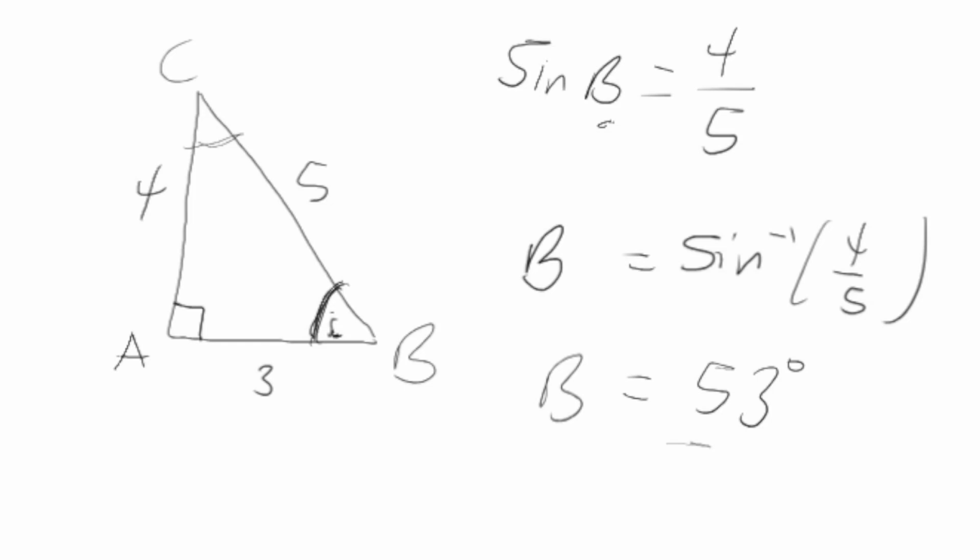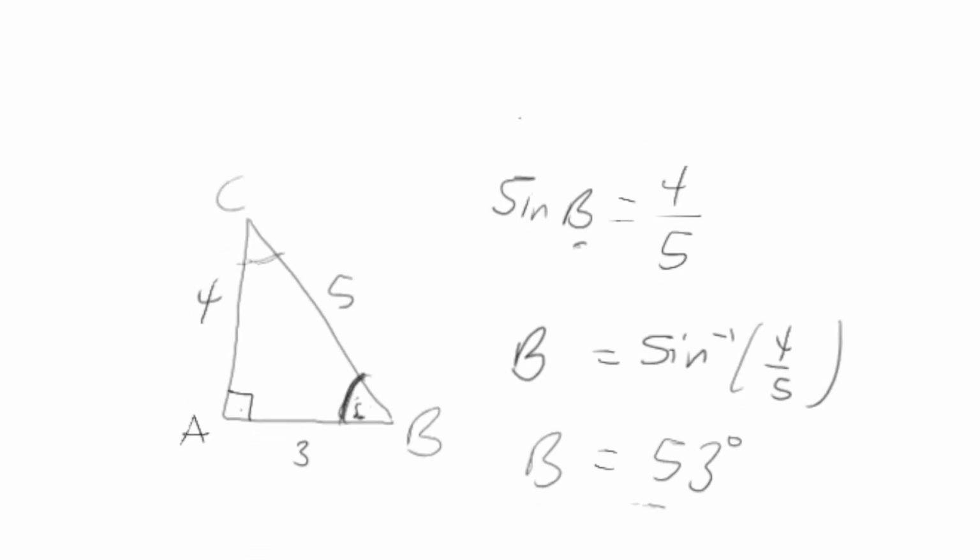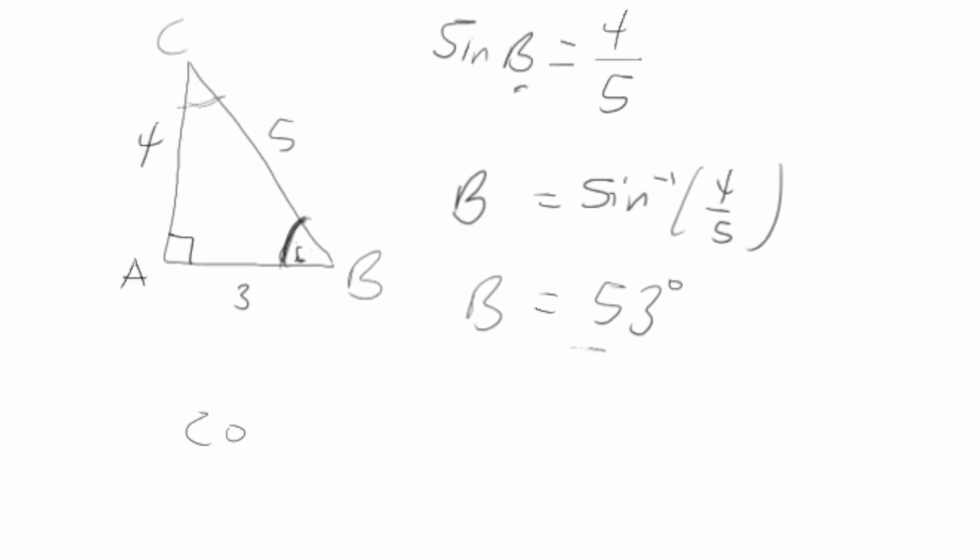Or you can still use a trig ratio and find the inverse to get C. So if I want to get angle C, I can choose to use, let's say, cos. You can choose to use any of the ratios and you come up with the same answer. Cos C is equal to, cos is what? Adjacent over hypotenuse, so 4 over 5.